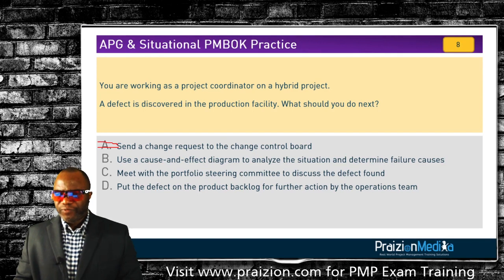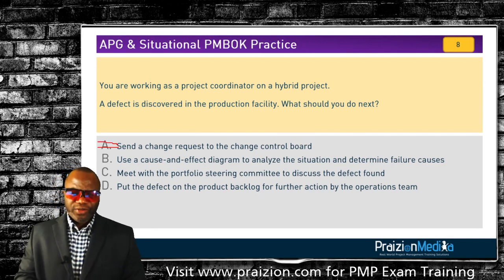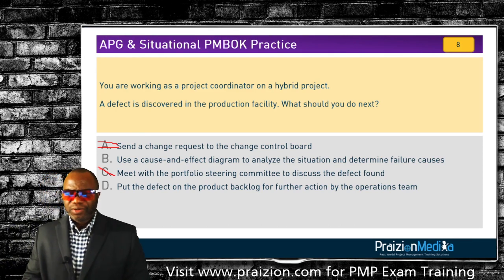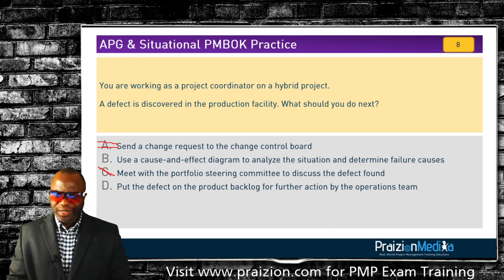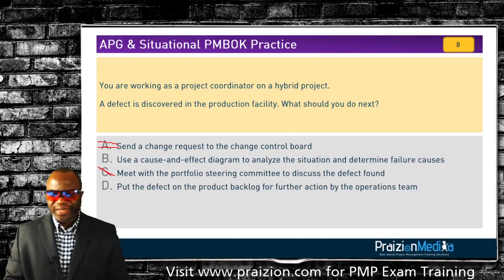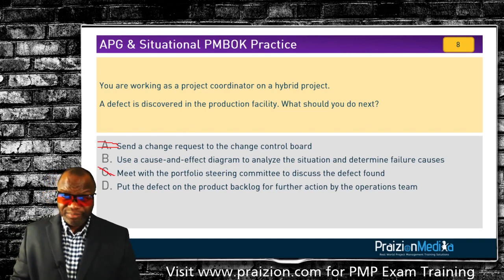C, meet with the portfolio steering committee to discuss the defect found. That's too much firepower for a very straightforward thing, right? Even if it's a more complex problem, you wouldn't go all the way to the portfolio steering committee and discuss the defect and then do what? No. D, put the defect on the product backlog for further action by the operations team.